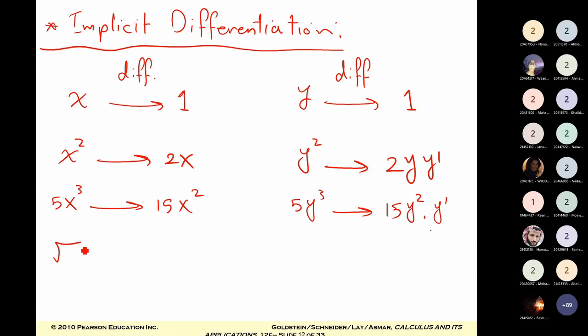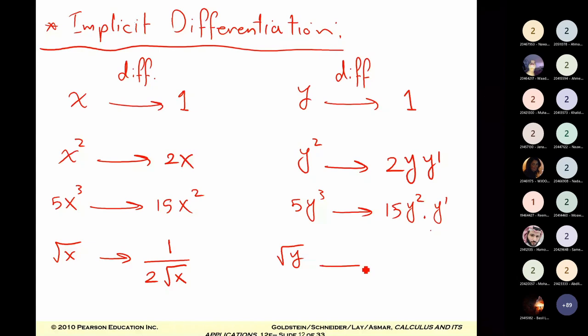Radical x: the derivative inside the radical equals 1, so it is 1 over 2 radical x. This is the same for radical y: the derivative of what is inside the radical, y, is 1, but since we differentiated y, it is 1 times y prime over 2 radical y.